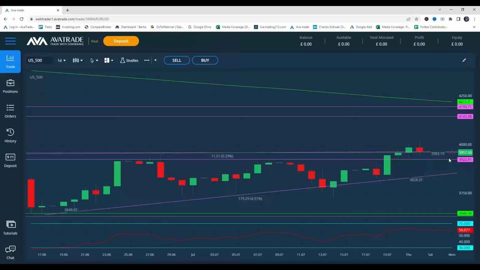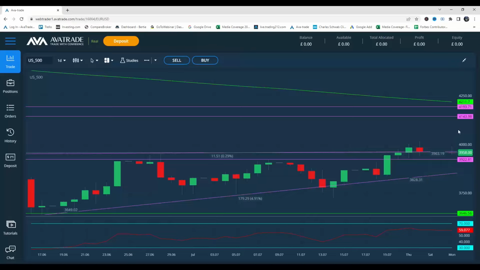So your risk is going to be only this much, between 3,957 and 3,922, running all the way to 4,143 to 4,193. These are the price levels that we'll be looking at. So the risk to reward ratio is certainly there for us to look at that trade.